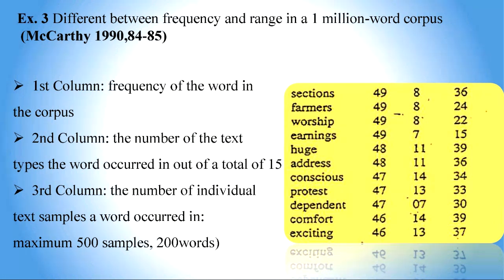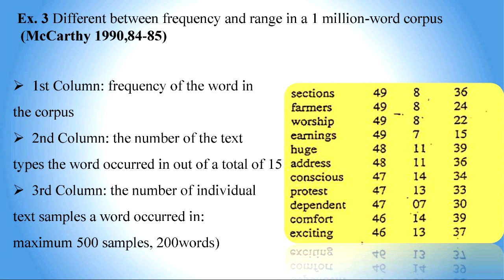Here is another example: the difference between frequency and range in a 1 million word corpus. We can see the first column, the frequency of the word in the corpus. The second is the number of text types the word occurred in, out of a total of 15. And the third column is the number of individual text samples a word occurred in.